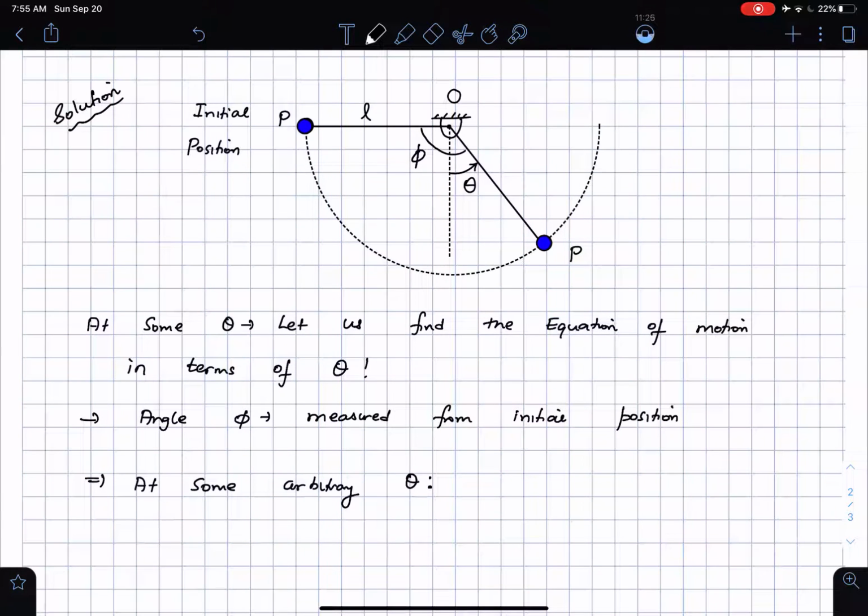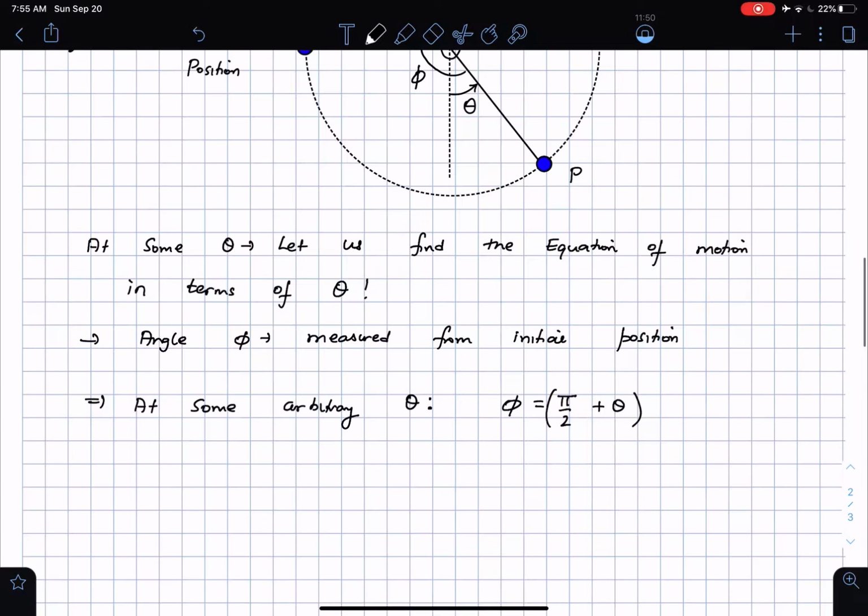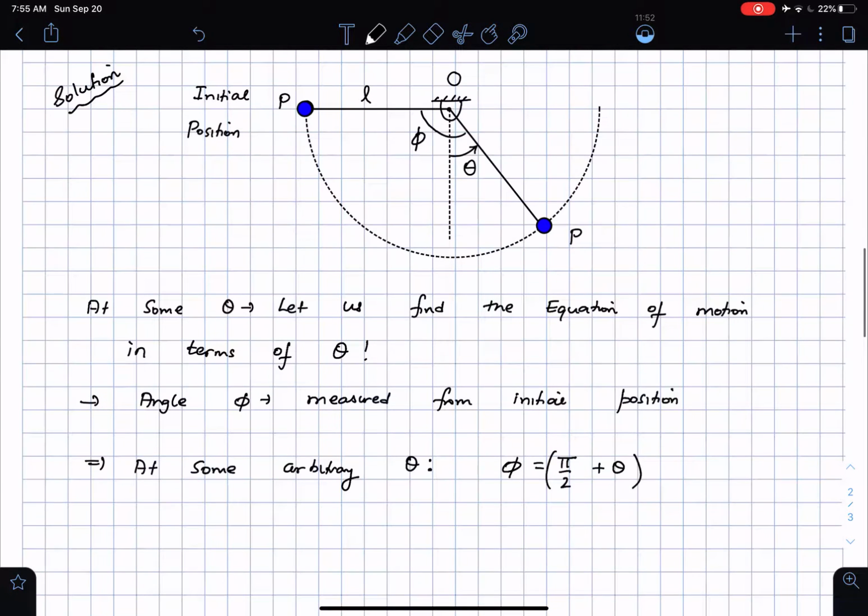Are they related in some way? That's something we need to know, and it's fairly basic geometry. You can see that phi is 90 degrees plus theta. At some arbitrary theta, phi is equal to pi by 2 plus theta. So this is the relationship between the two. Phi is a function of time, theta is a function of time.